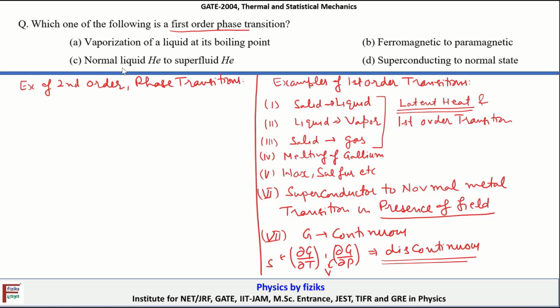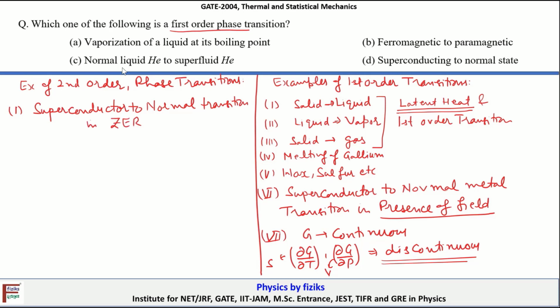Okay, so the first one is the superconductor to normal transition in zero field.